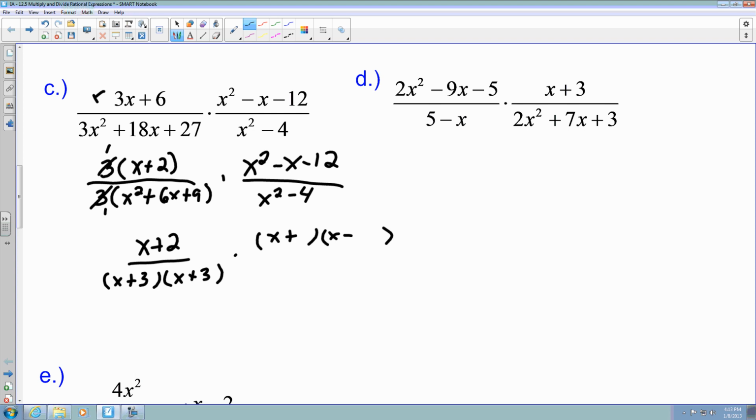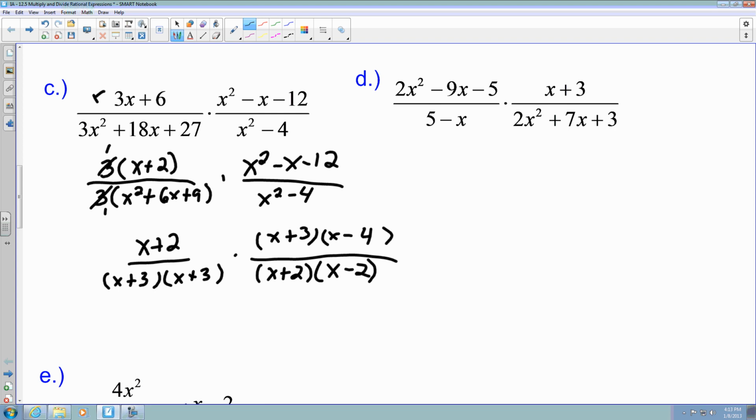So I'm thinking it's going to be 4 and 3. And then looking at my denominator in that second fraction, I can determine that this is the difference of two squares. So I can rewrite x squared minus 4 to look like x plus 2 and x minus 2. If I were to FOIL that out, it would give me the same x squared minus 4.